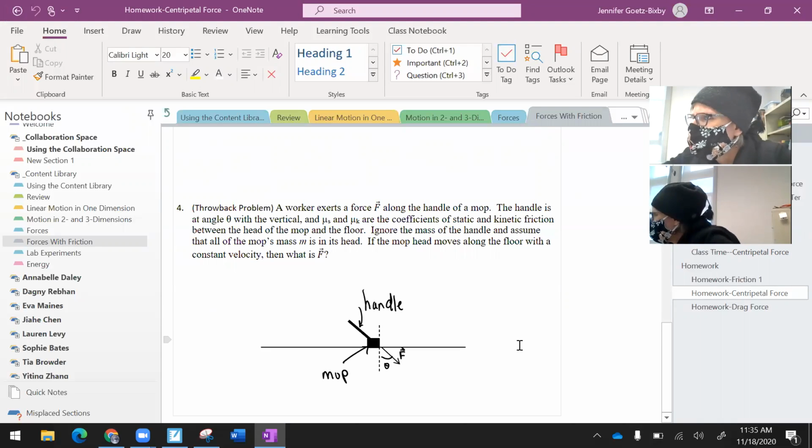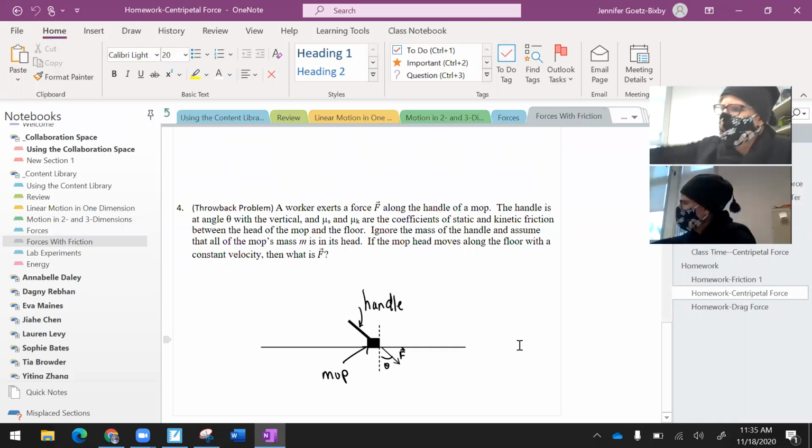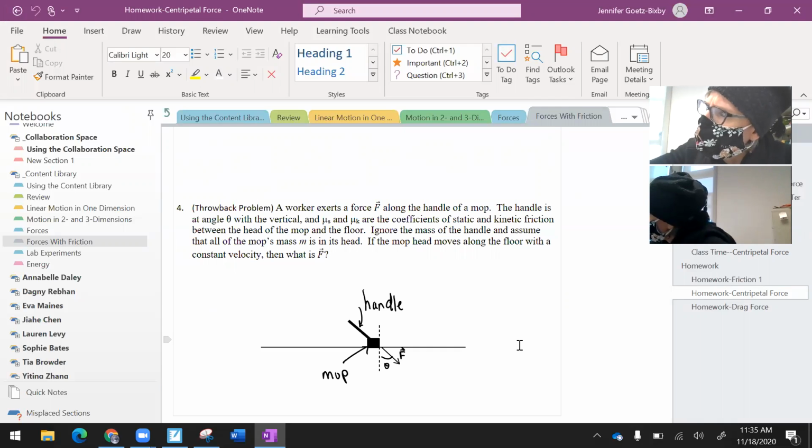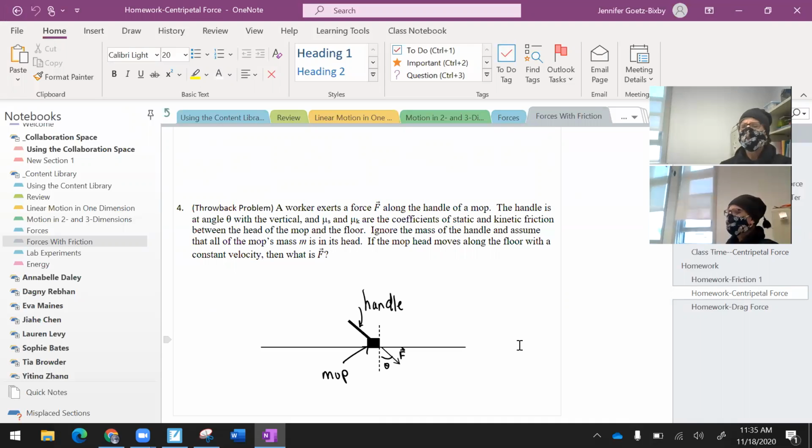The mop is on the floor. The mop has never, it's not falling, you're pushing the mop along the floor. Okay? You can ask. Well, we were, but does anybody else have a question on centripetal force? Okay, what do you want to ask, Dagny?